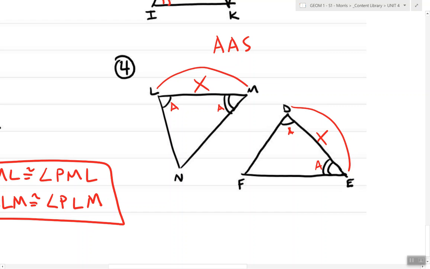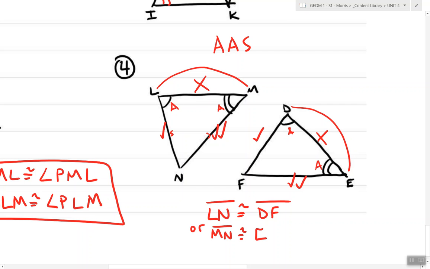So I can choose this side and this side, or I could choose this side and this side to be congruent because they're on the outside, which would make it angle side for both of them. So LN could be congruent to DF, or MN could be congruent to EF.